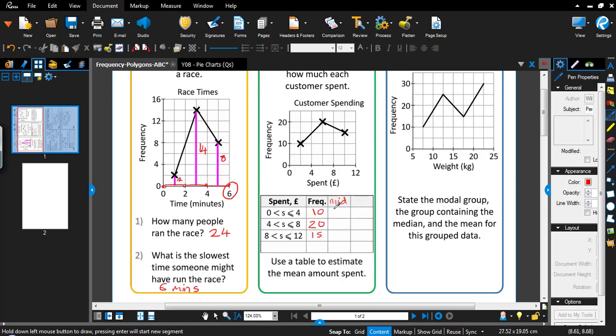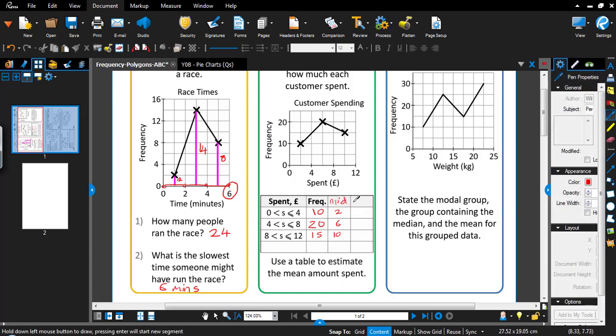The middle of 0 and 4 is 2, and that's where the point is. See, 2, 10. Next one is going to be 6, 20. The middle of this is 6, middle of this is 10. 10, 15.